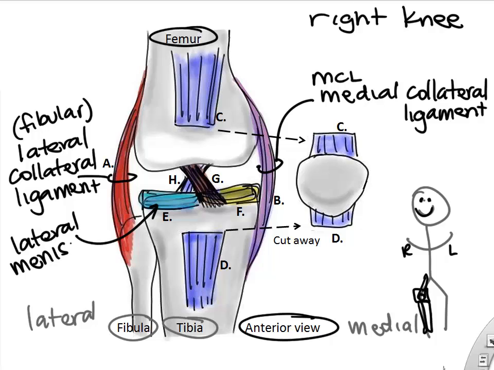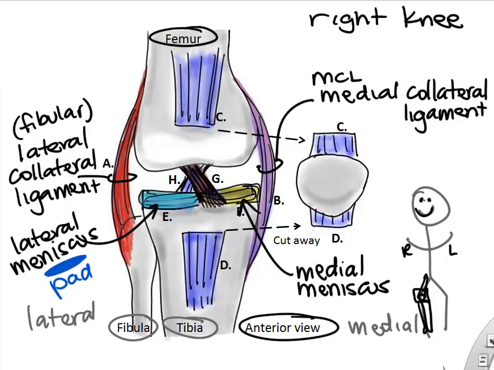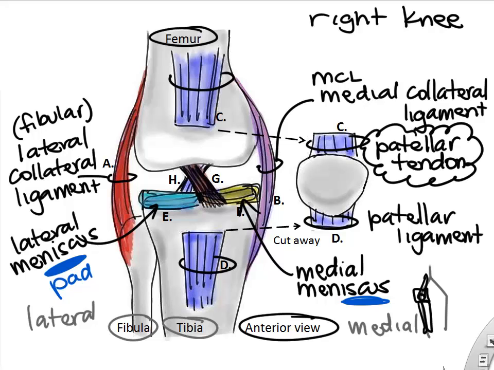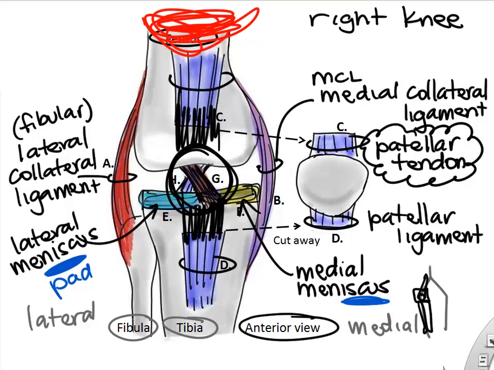We can also name those cartilage pads in our knee, the lateral meniscus and the medial meniscus. Again, those are cartilage, so when you damage those, it's kind of tough on your knees. We also have our patellar tendon and our patellar ligament. When I was a student, we used to just always call it the patellar tendon, but by definition, you should probably call the upper portion the patellar tendon and the bottom portion the patellar ligament.